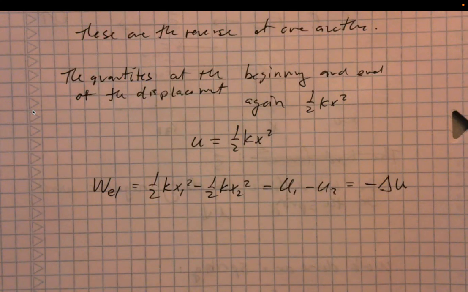Okay, and this aligns perfectly with our formulation of gravitational potential energy, and it should, right? The relationship between gravitational potential energy and work is going to be identical to the relationship between elastic potential energy and work. I mean, they're different forces, different scenarios entirely, but the physical principles involved are the same.